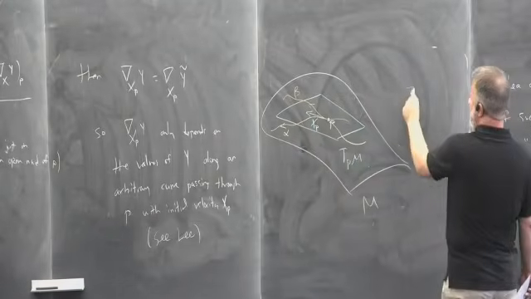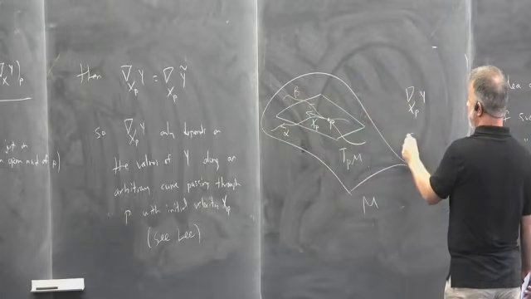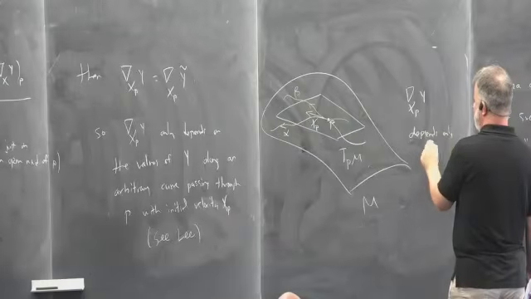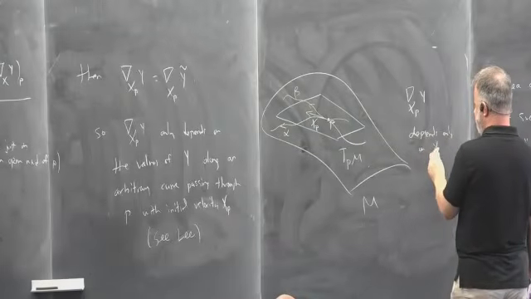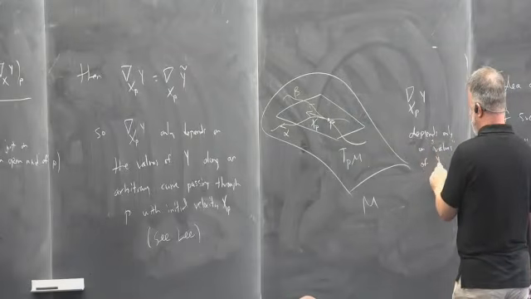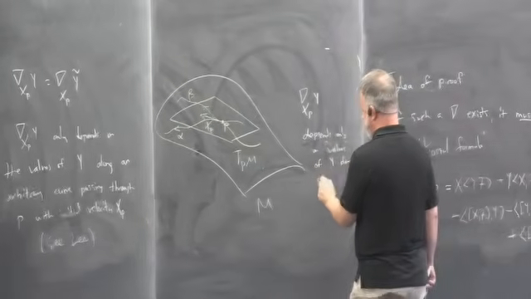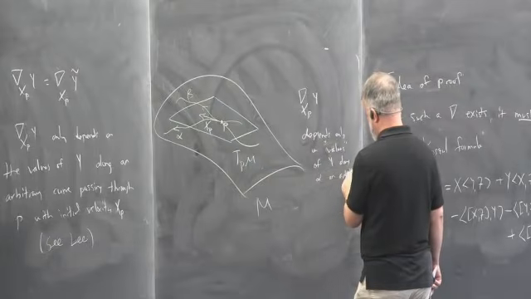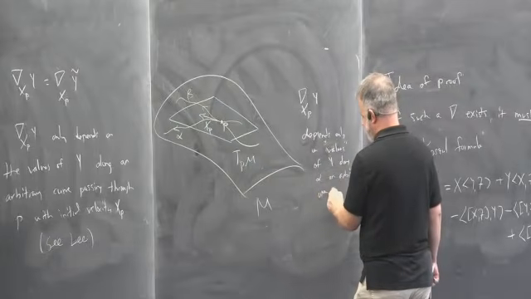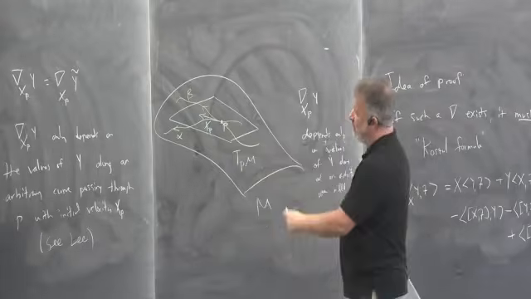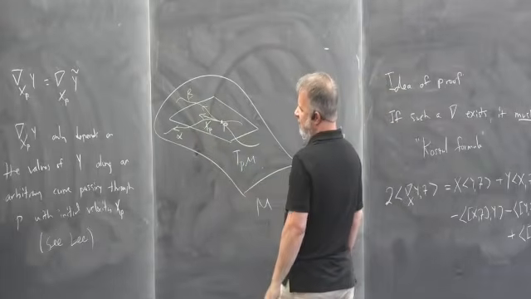And to compute nabla XP of Y, it depends only on the values of Y along alpha on an arbitrary open neighborhood of 0. This passes through P at time 0.